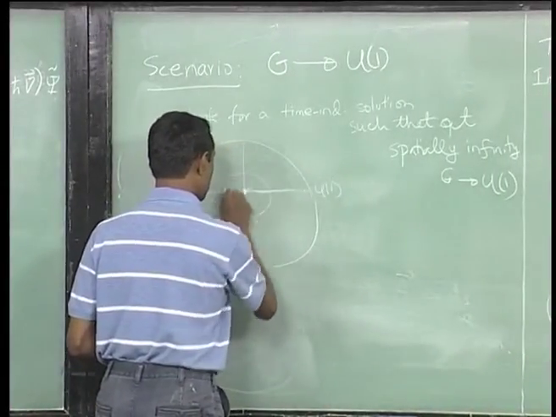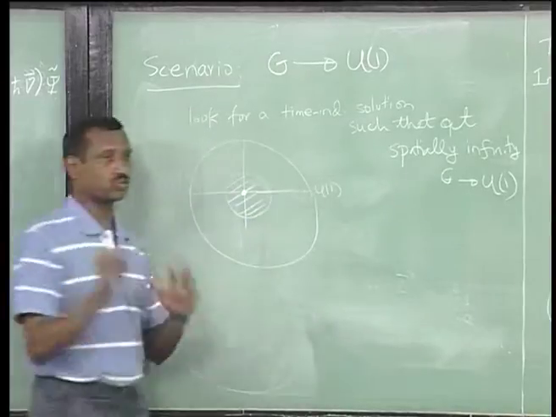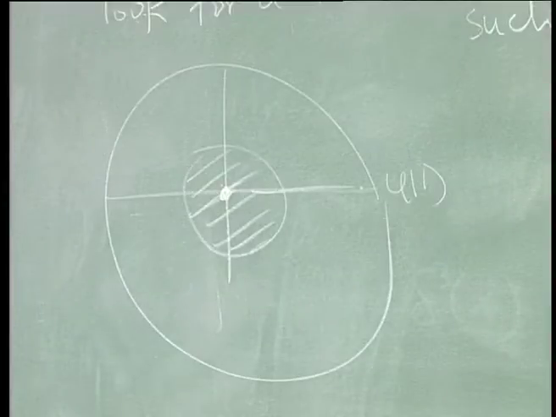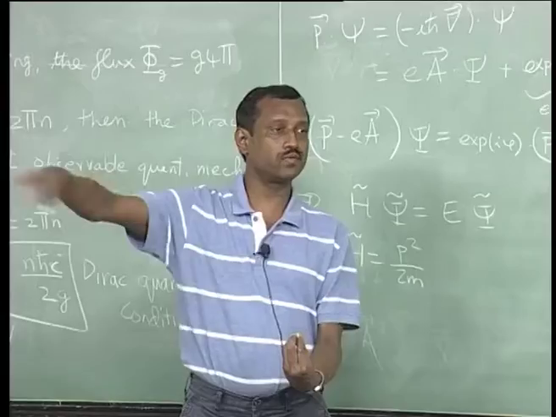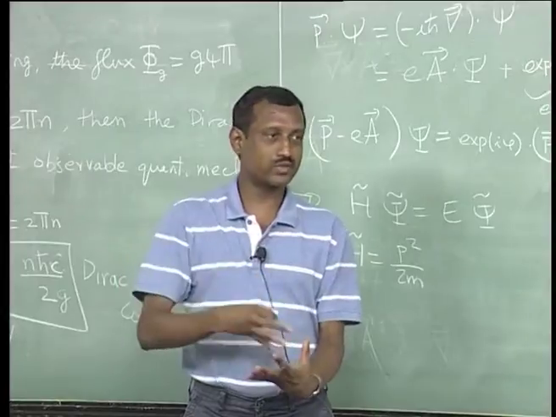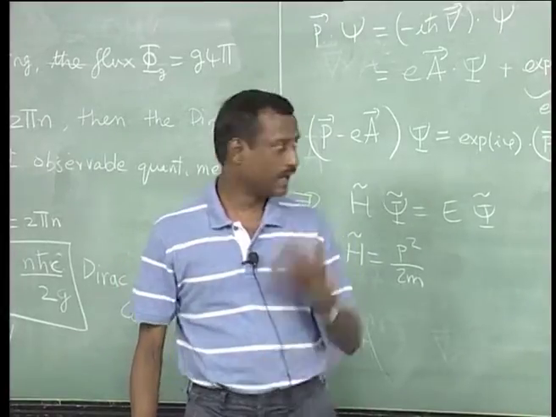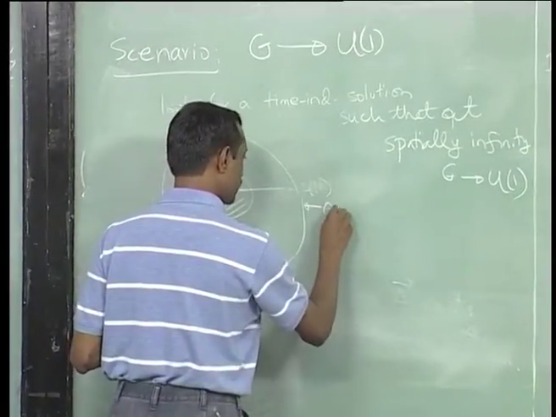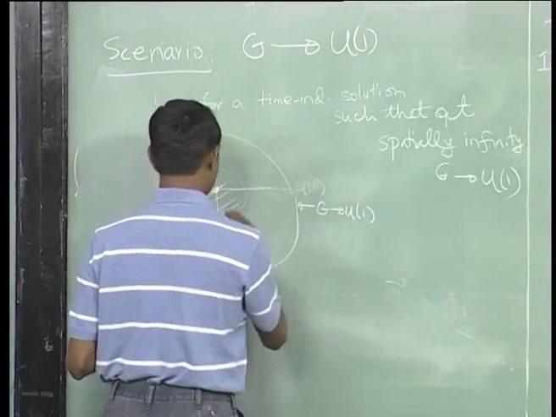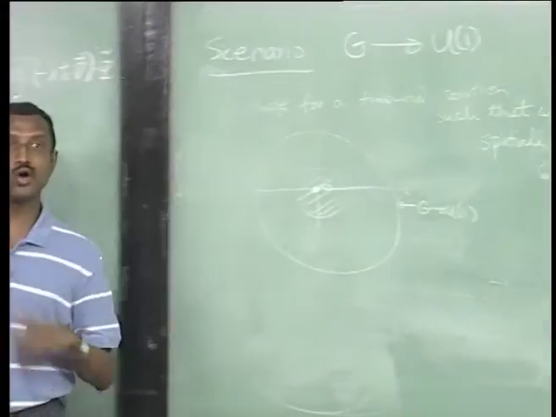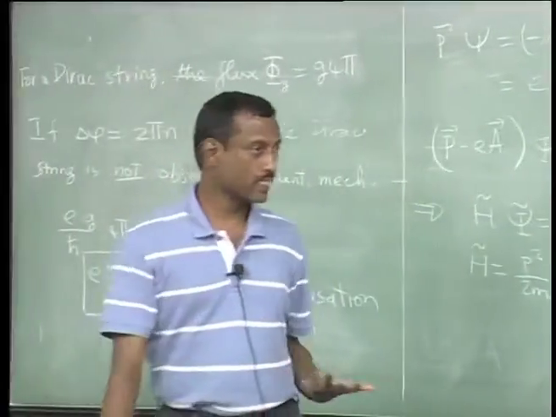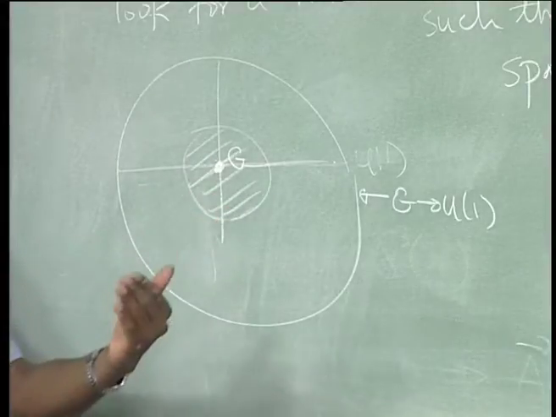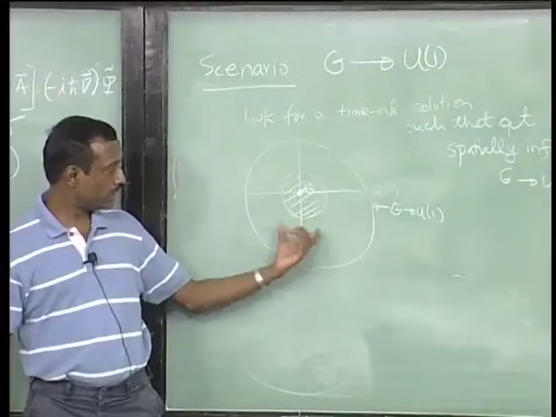But suppose in this region that is not true, like in the vortex we saw, where far away the vortex took values where the symmetry was broken, while inside it was restored. So in this region G is broken down to U1, but in this region you could have the full non-abelian symmetry. The singularity gets replaced, and the full non-abelian thing comes back. So you can construct such a solution.